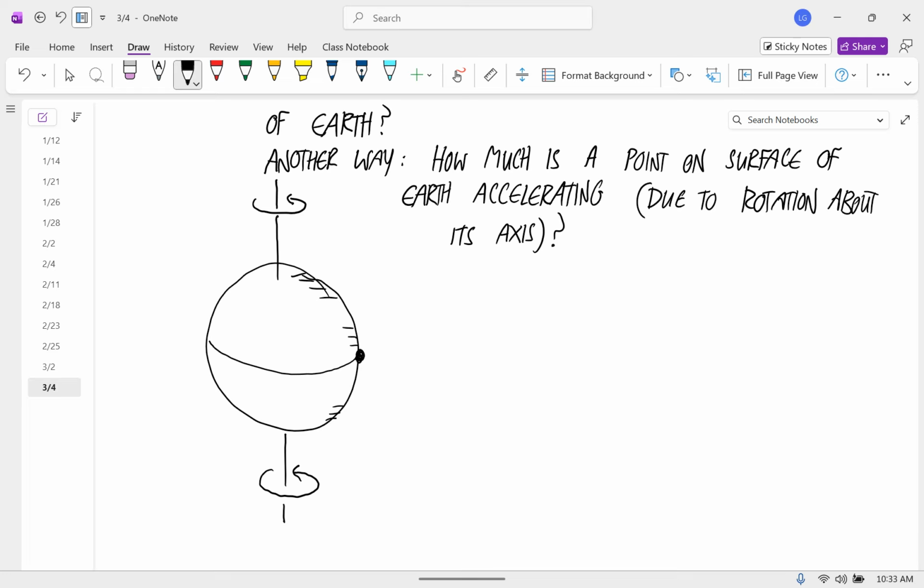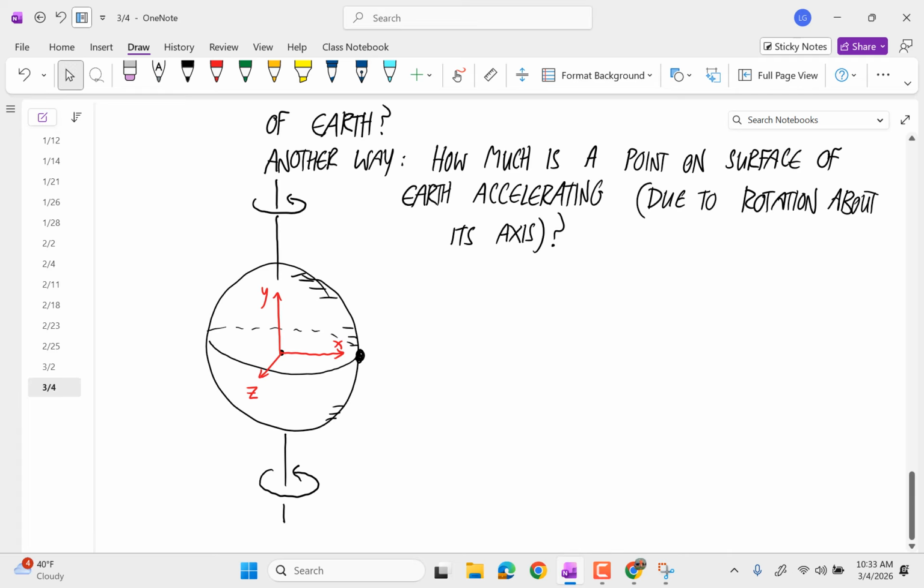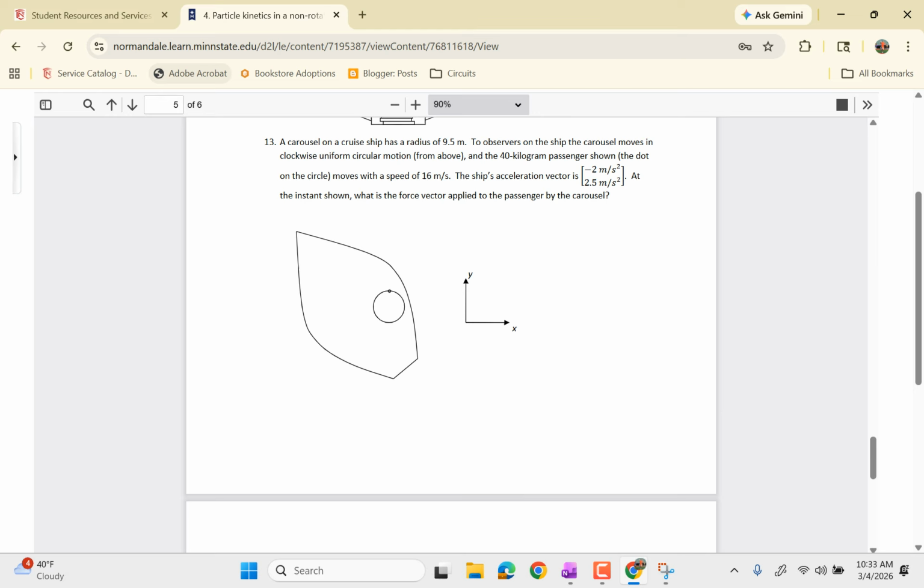But okay, so I'm going to put the origin here, and I'm going to do my coordinate system X, Y, Z. And then I don't remember the radius of the Earth, but it's large.